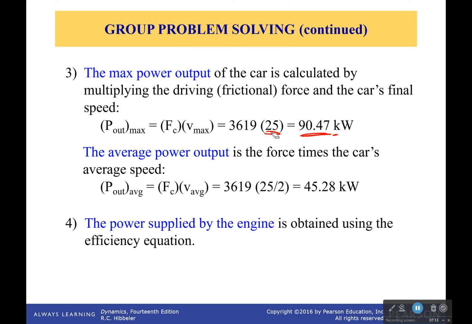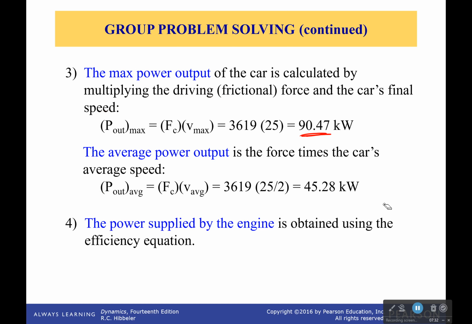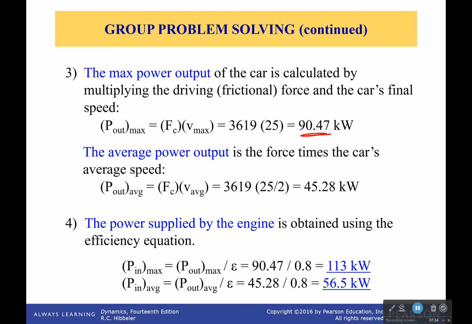Now, the power supplied by the engine is neither of these. This is the power out of the engine, okay? Or in this case, since the engine we're saying is perfectly efficient, this is the power that makes it through the car from the engine and into the ground. But once it's being transferred by all those shafts and gears, it loses some energy. And so the power actually supplied by the engine would have to be greater than this power.